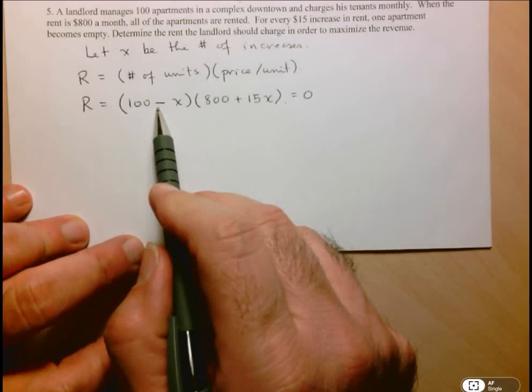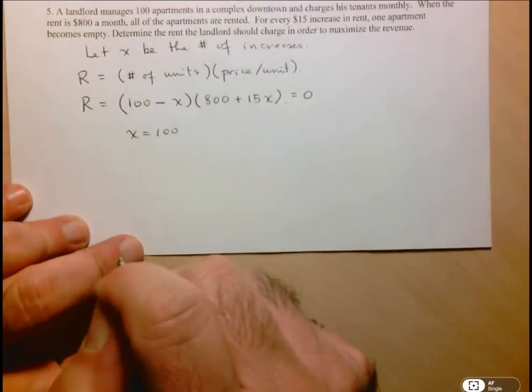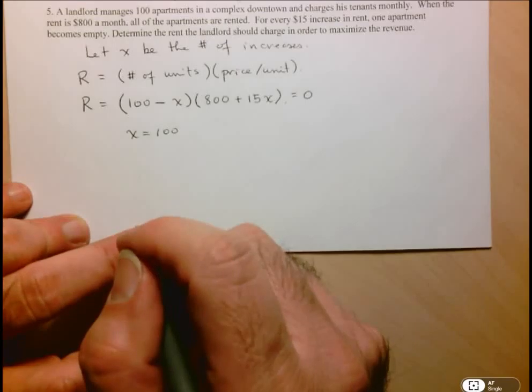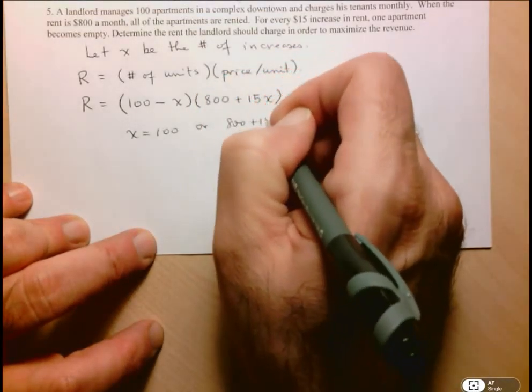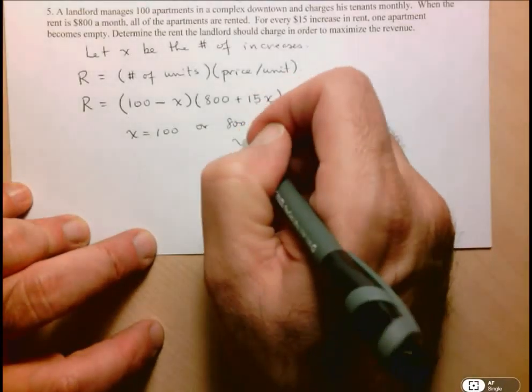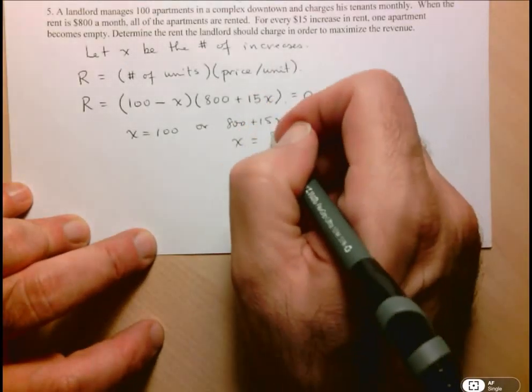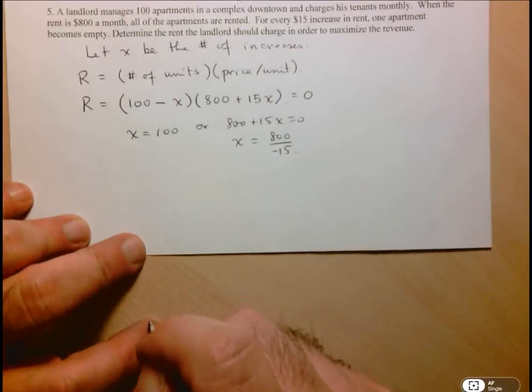What's going to make the first expression 0? Well, x equals 100. Or we have 800 plus 15x equals 0. If we solve that, bring the 800 to the other side, so it becomes negative, I'm left with 800 over negative 15.